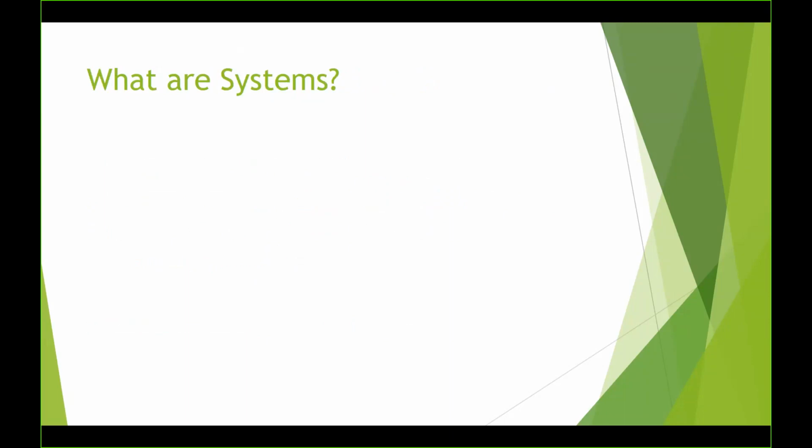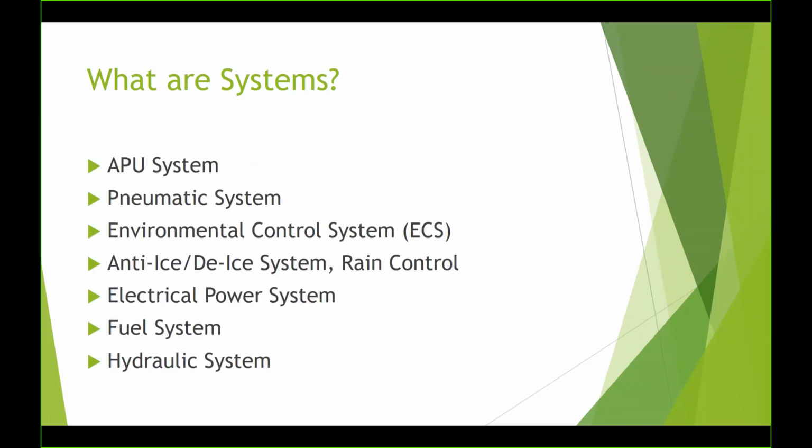Yeah. So we got hydraulic system, environmental control system, fuel system, fire and overheat protection, ice and rain protection typically are grouped together. Okay. So here's my list, and it's by no means exhaustive.